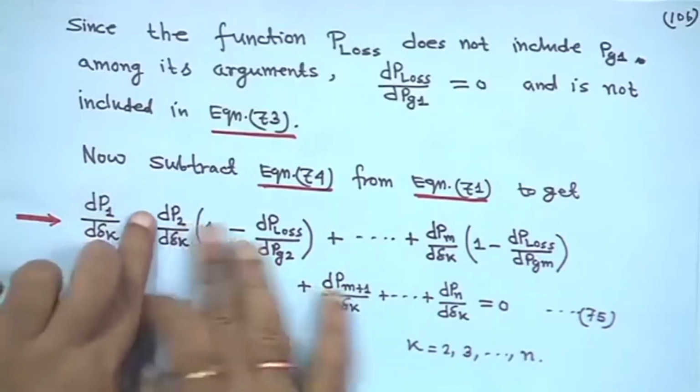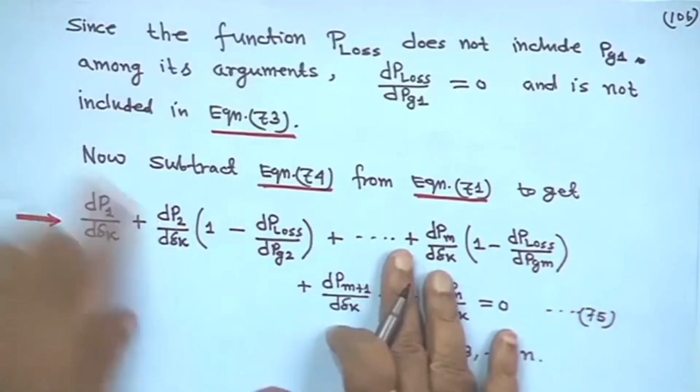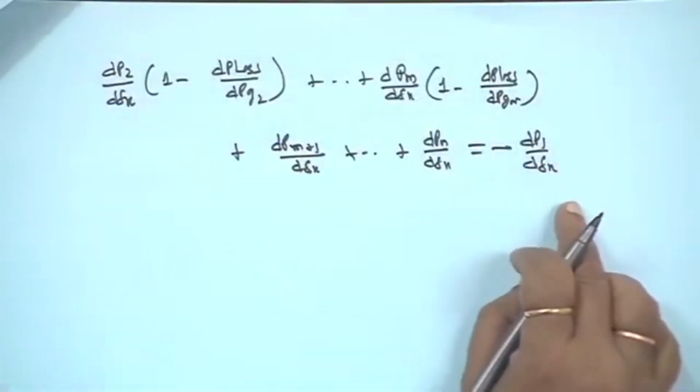I mean, all these terms, keeping to the left hand side, is equal to minus dP1/dδk, right.